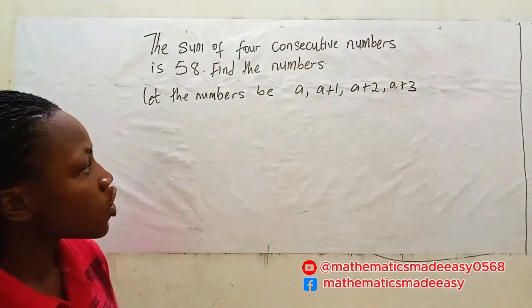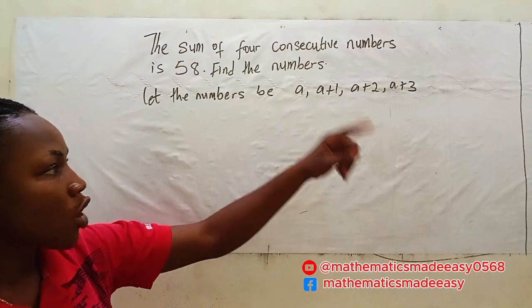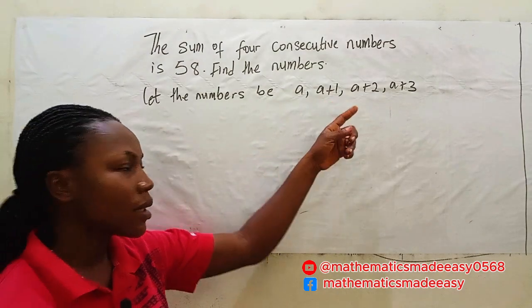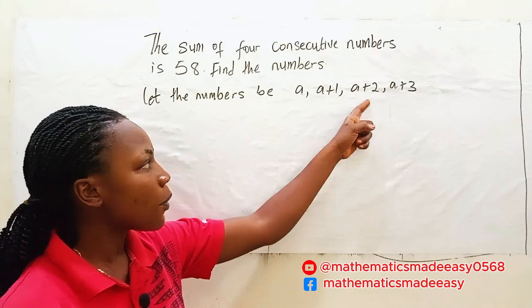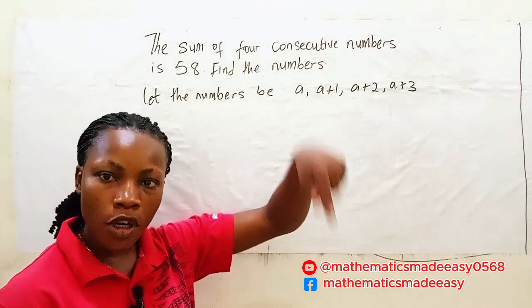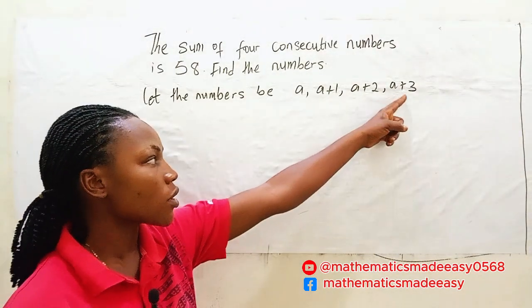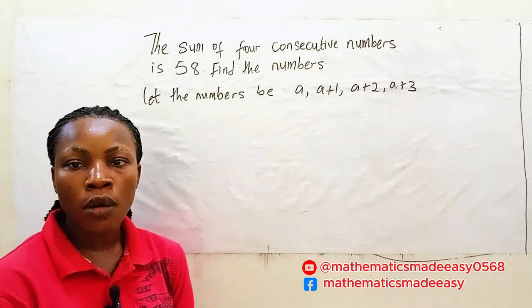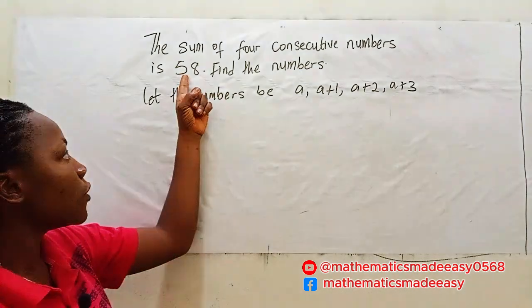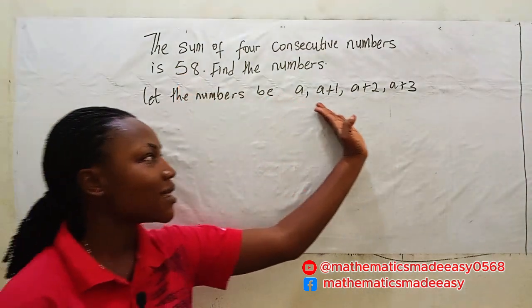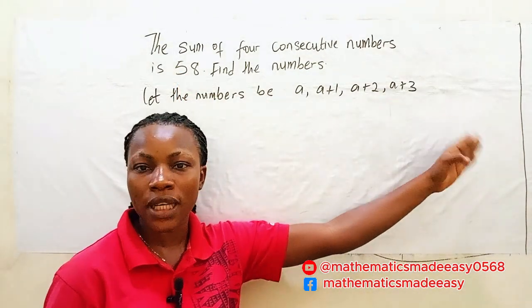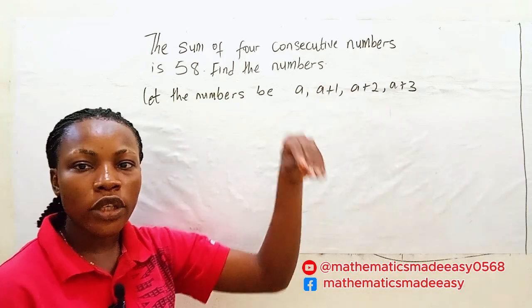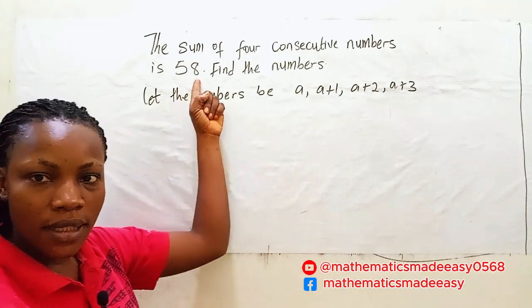So the first number is a, the second number is a plus 1, the third number is a plus 2, while the fourth number is a plus 3. All right, and their sum is equal to 58. That is, once you add these four numbers together, it's going to give us 58.